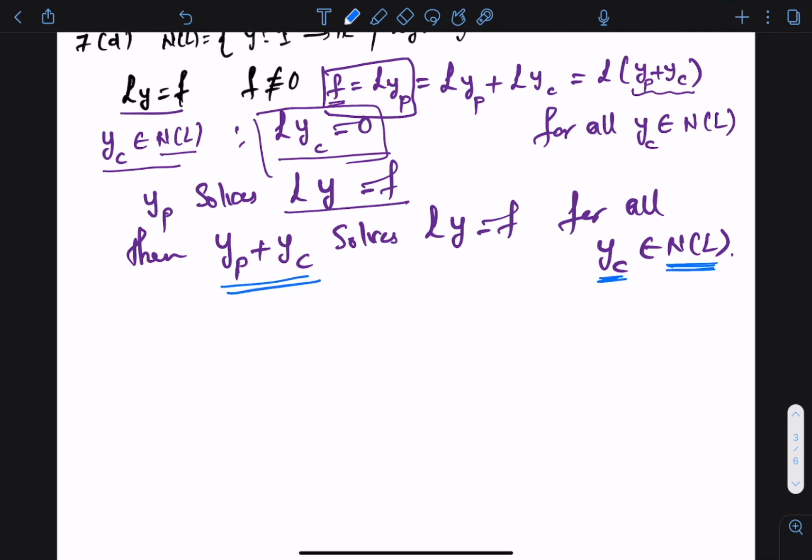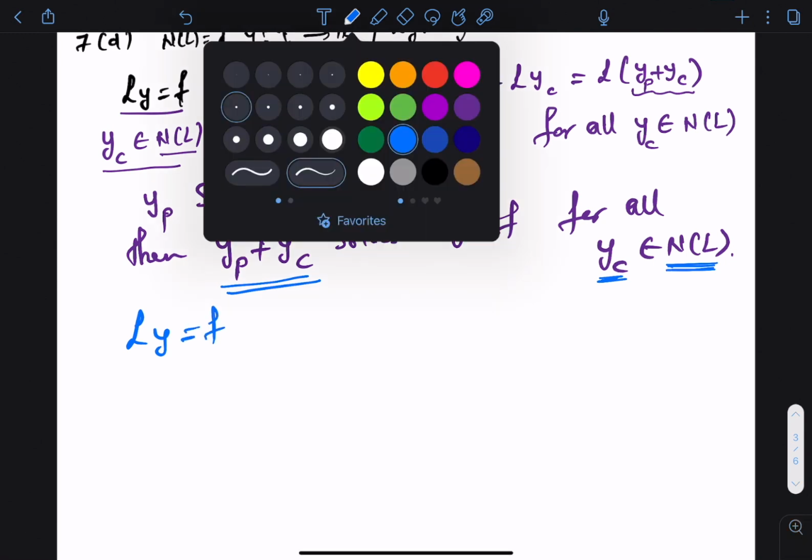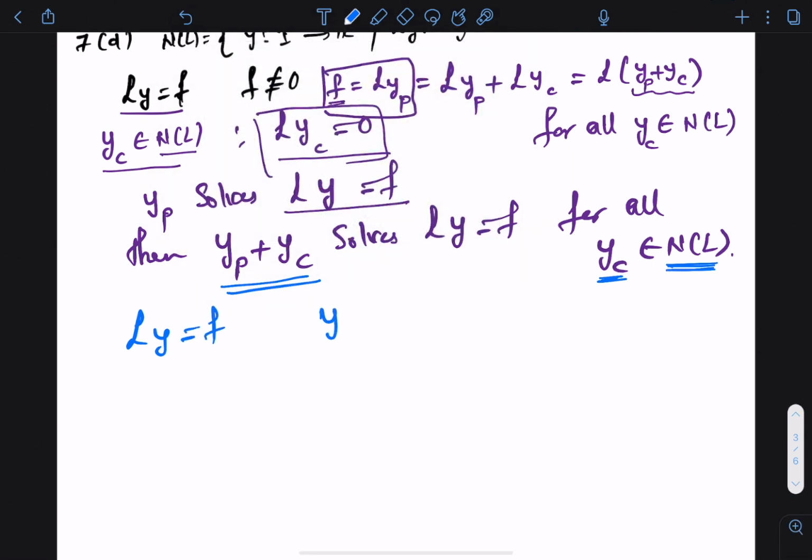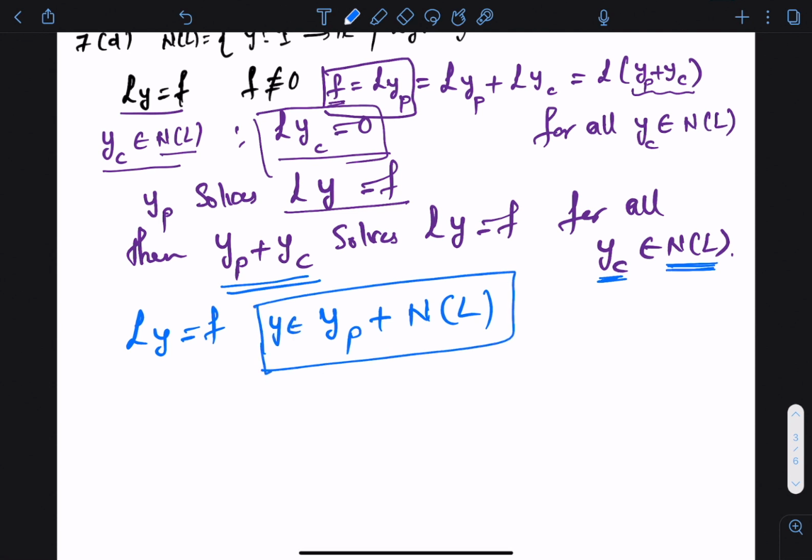In other words, if you imagine this in the sense of vector spaces, the solution set for this problem Ly equal to f is nothing but a translation of this entire set. So all your solutions are coming from this set. Now this is a set, this is a function, so it is like you are translating a set by a function.